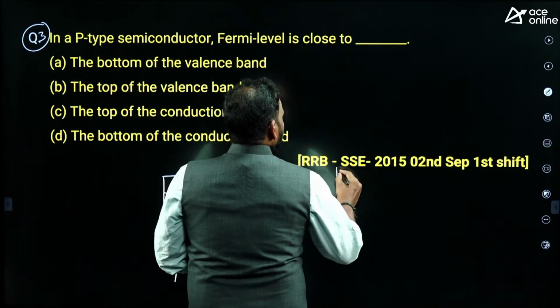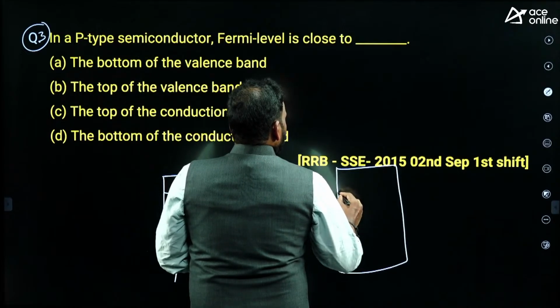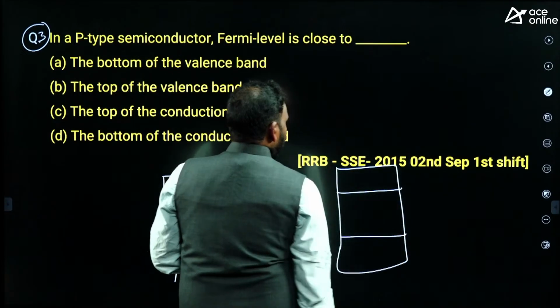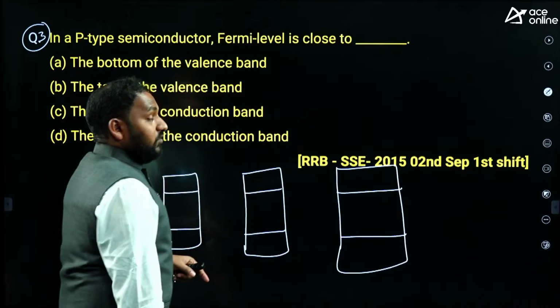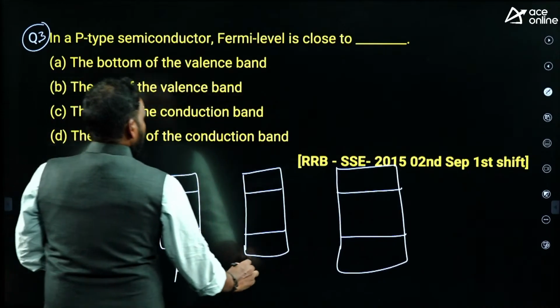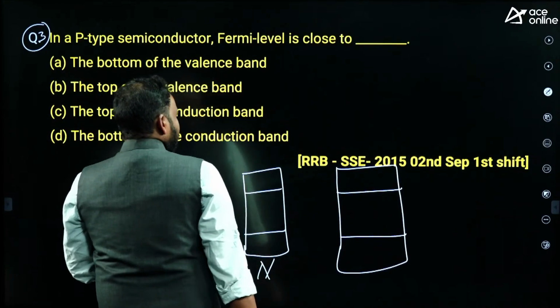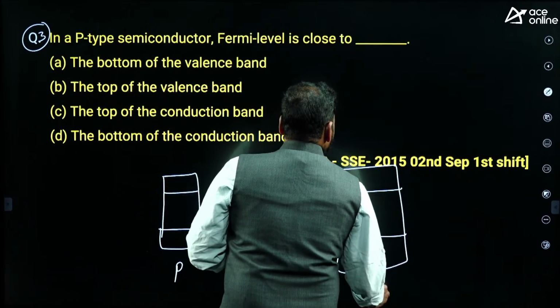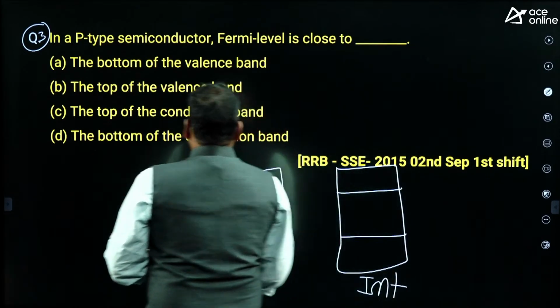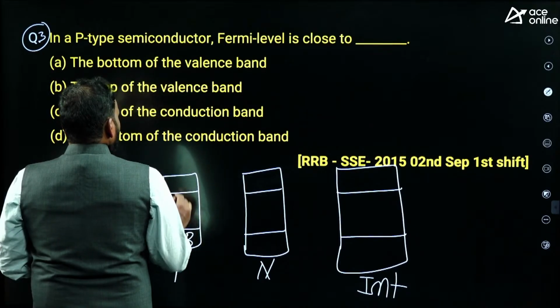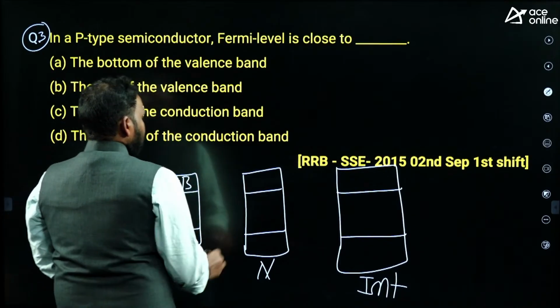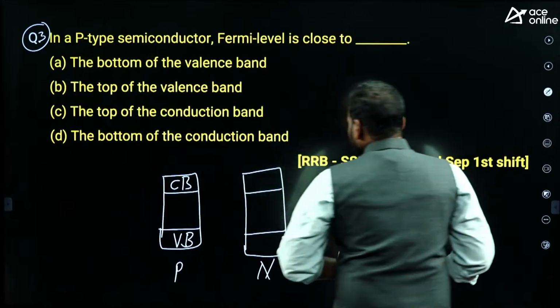I want the answer for intrinsic as well. Same question, single answer, but I need 4 correct options regarding this particular question. N and P type are extrinsic semiconductors, but there are intrinsic semiconductors also. This is the valence band and conduction band, okay, VB and CB, right.